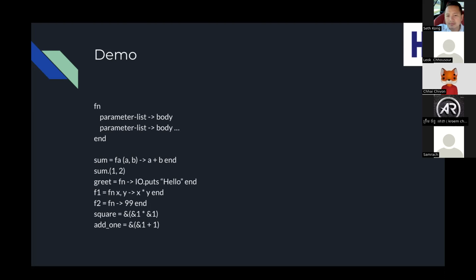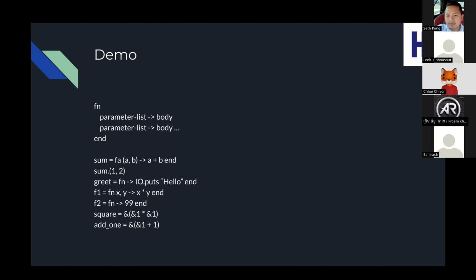This is a very good feature that I like, because now I just get the input and define my function right away. As long as it matches the parameter list, it executes that body for you.